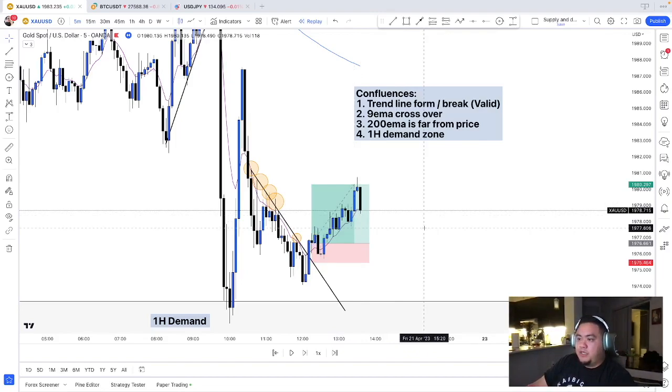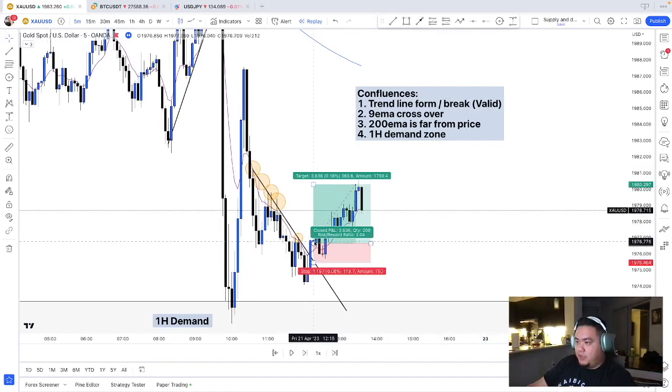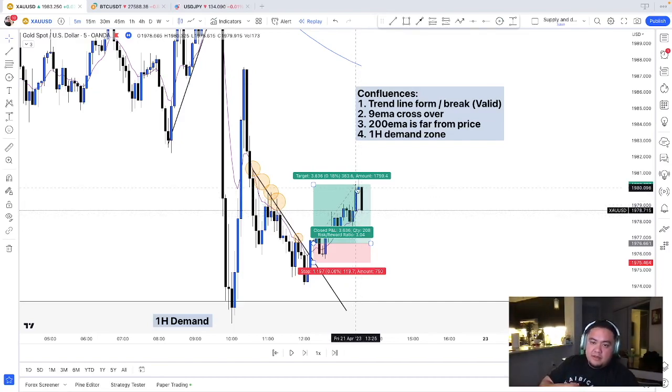This is the setup that I look for every single day when I wake up. As you can tell, this one took an hour and 20 minutes for the trade to actually play out.